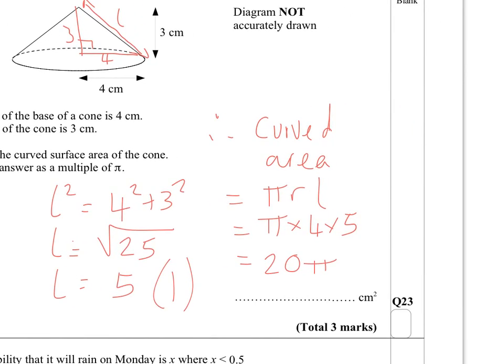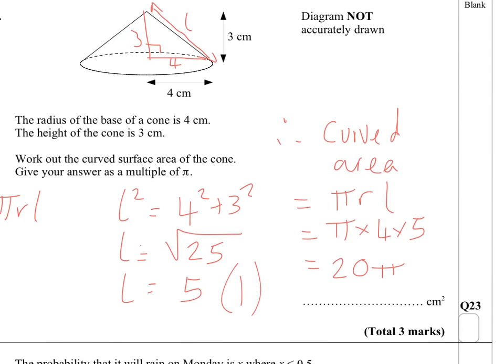It's giving me the units in there. Always be careful: make sure they include the units in the answer, or do it yourself. It's probably a good habit just to write it yourself anyway, for those 3 marks. So 1 mark for working out L, 1 mark for substituting into the formula, and 1 mark for giving the correct answer.